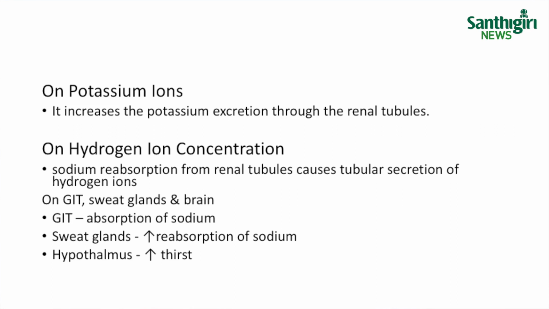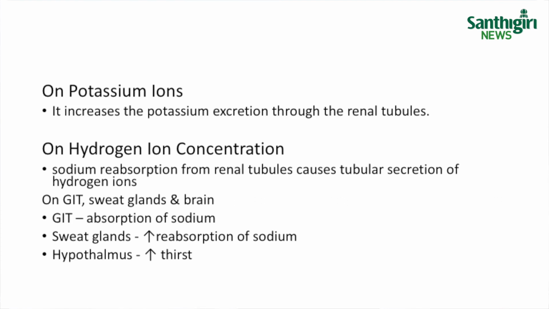So, when sodium is reabsorbed into the ECF, potassium goes to ICF. It also helps in the excretion of potassium if high potassium is there. That is the role of aldosterone on potassium. In exchange for sodium, potassium is secreted.